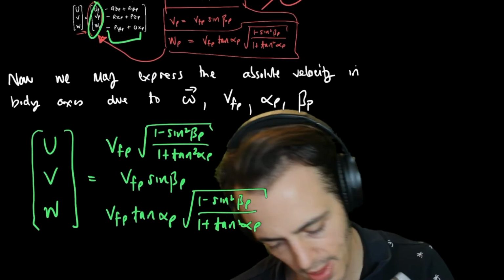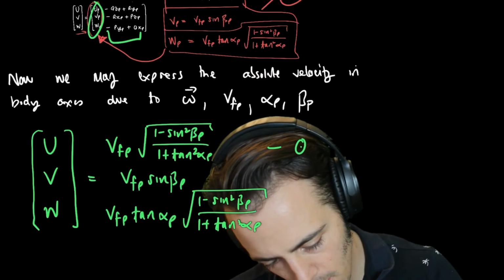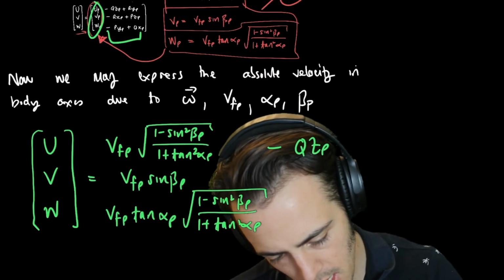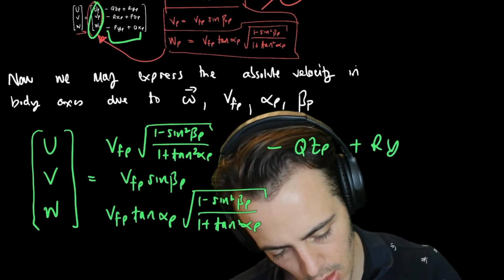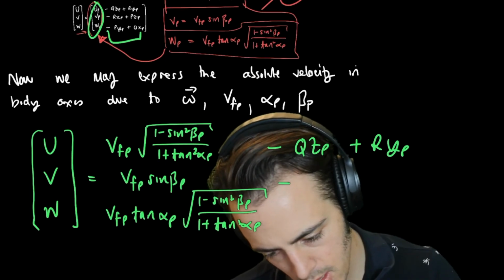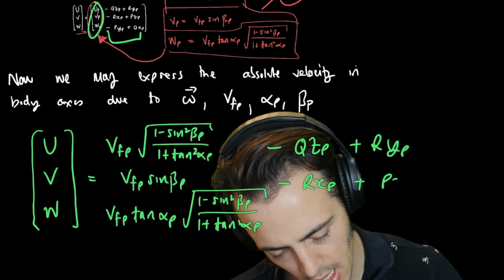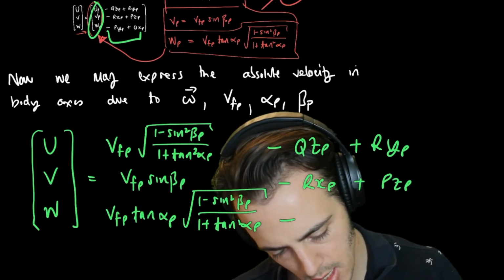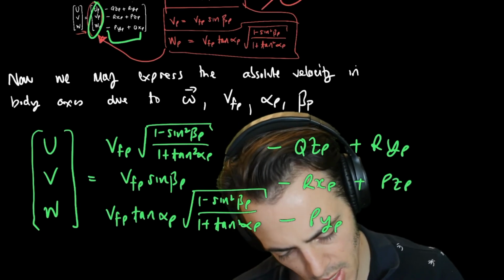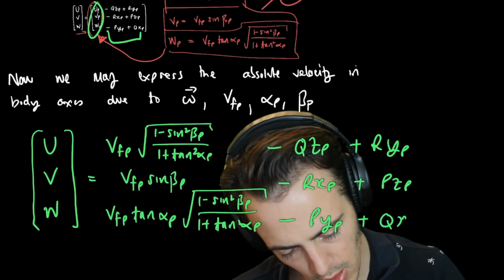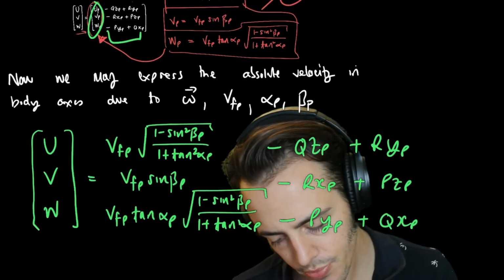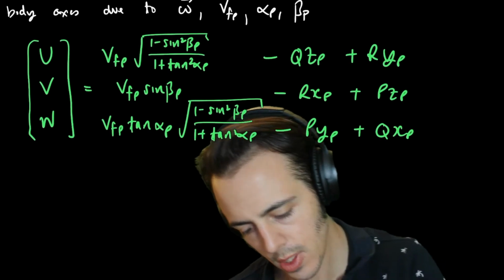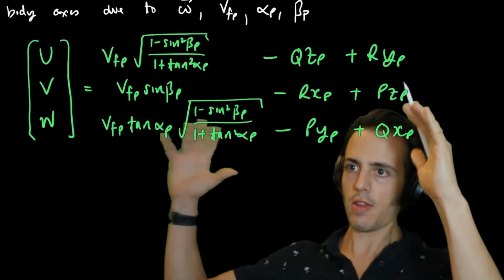Now we just need to copy these bits down. So minus QZP plus RYP minus RXP plus PZP minus PYP plus QXP. So this is the equation that's going to help us answer this question.